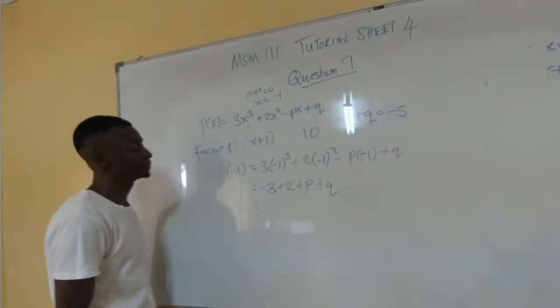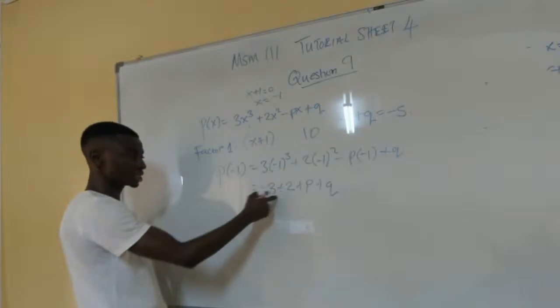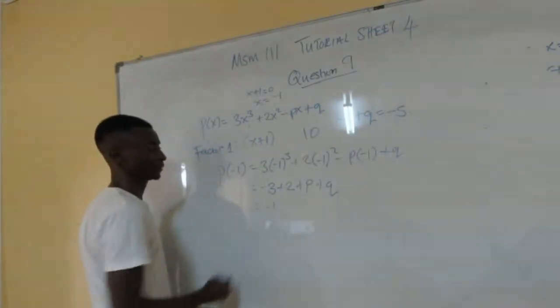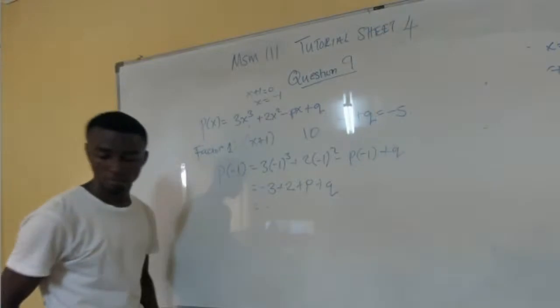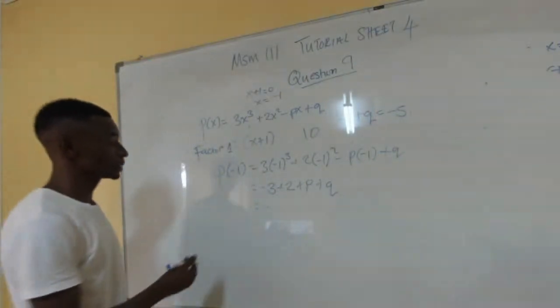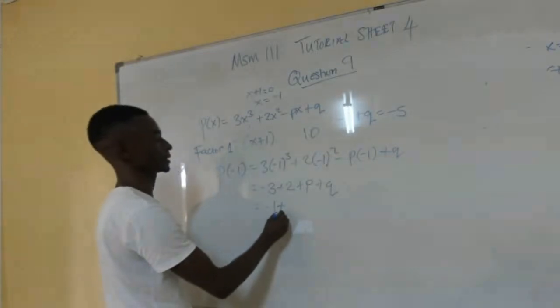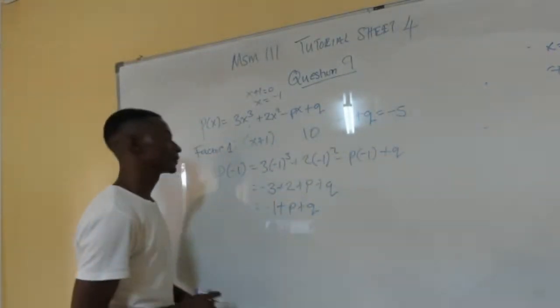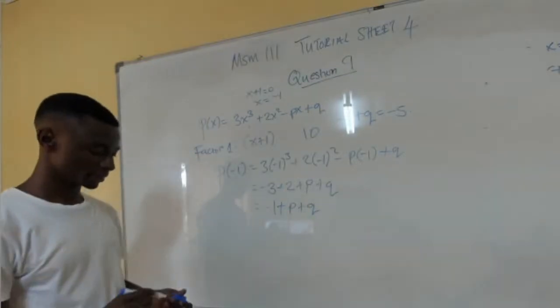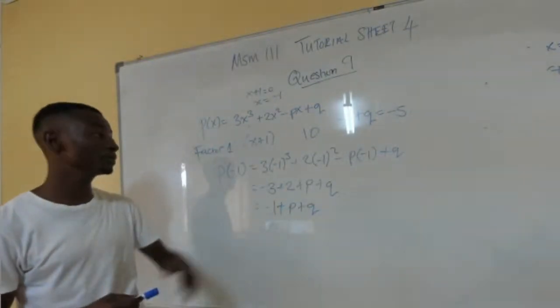So we proceed. If you do the addition here, you're getting negative 1 plus p plus q. But what is the question saying? If this polynomial is divided by that, the remainder is 10.